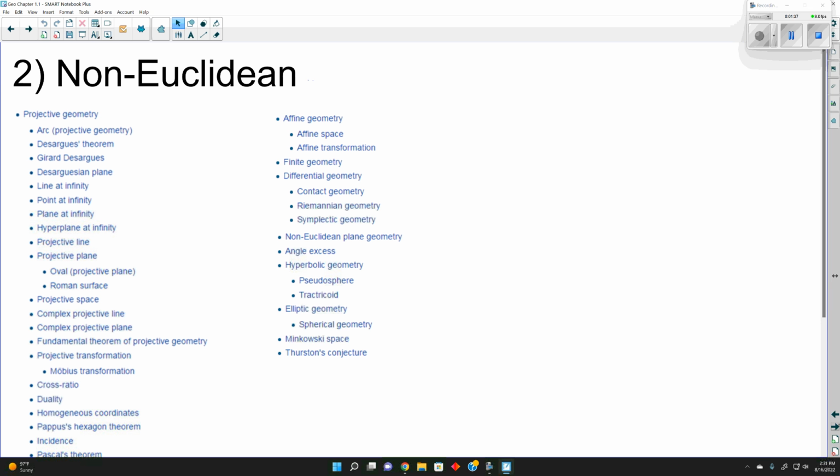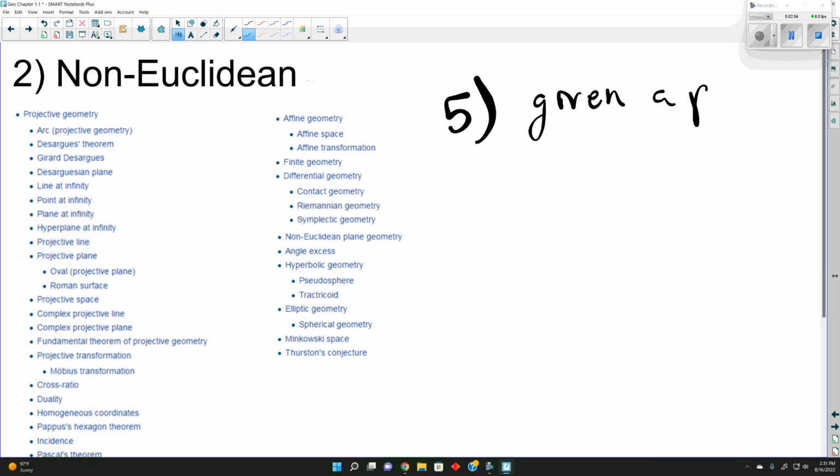And then we also have something called non-Euclidean geometry. And the one big thing that differs between Euclidean geometry and non-Euclidean geometry is Euclid's proposition number 5, which states that given a point and a line, there's exactly one line through that point that is parallel to the given line.